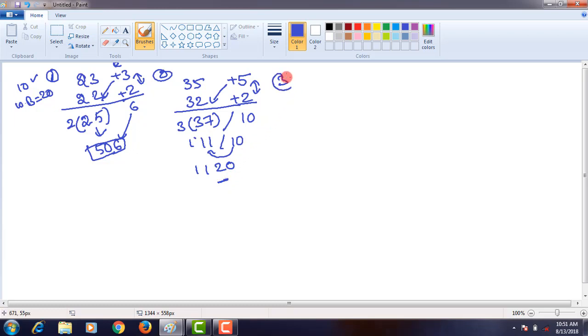Let us take our next example, that is 53 into 57. Here 53 is 3 more than 50, and 57 is 7 more than 50. To get the right part, we apply vertical multiplication. So 7 threes are 21, then take a slash and apply cross addition, that is 57 plus 3 is 60. To get the actual left part of the answer, we have to multiply it by 5.